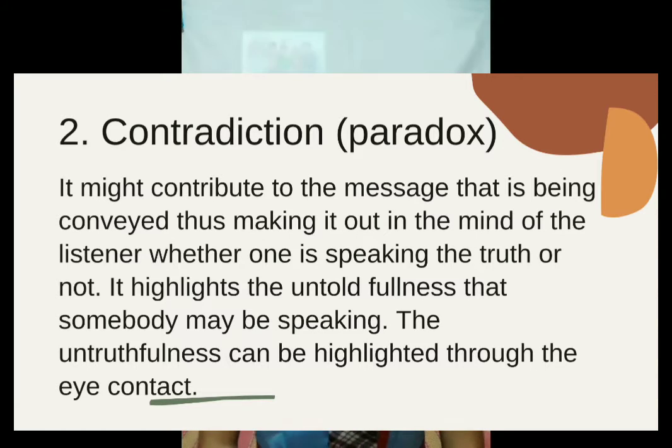The second role of nonverbal communication is paradox or contradiction. It might contribute to the message that is being conveyed, thus making the listener wonder whether the speaker is telling the truth or not. This contradiction highlights the untruthfulness that somebody may be speaking.